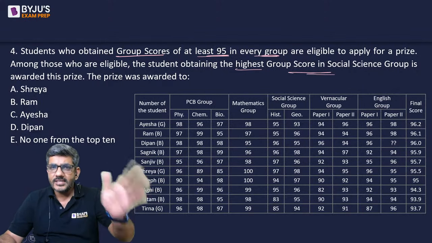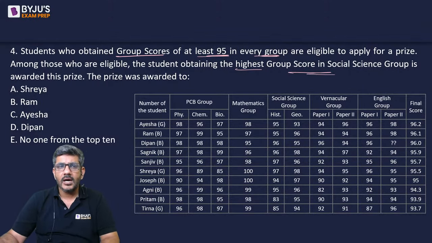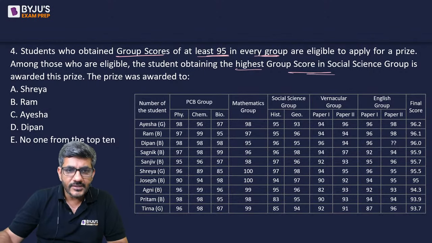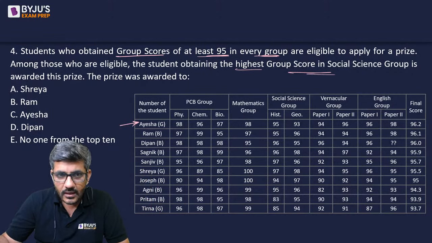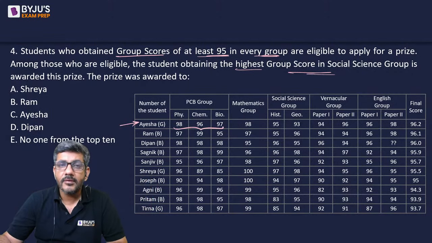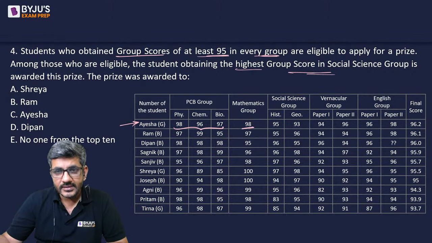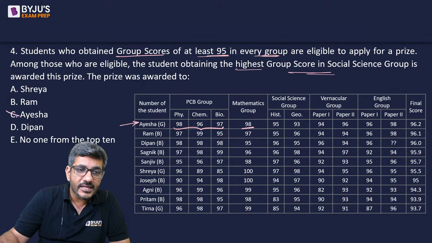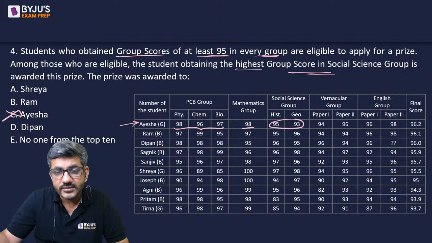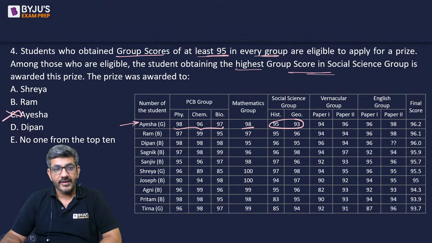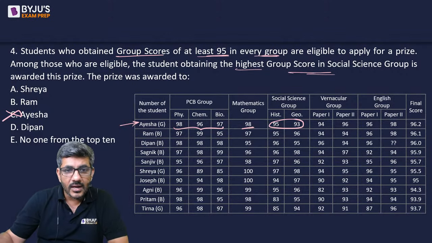Okay, so let's check these four people: Shreya, Ram, Aisha, and Deepan. If I talk about Aisha first, because at the top I see Aisha. Aisha's group score is definitely above 95 here. It is 95 here, but her group score is not 95 or more in social science. So Aisha is definitely not my answer, because her group score in social science is not at least 95. Let's talk about Ram now.